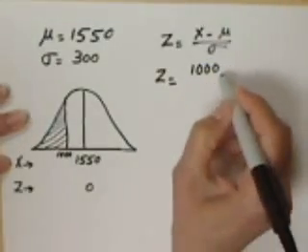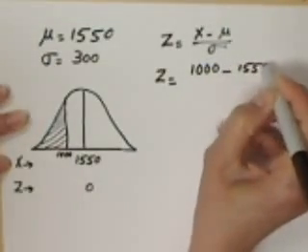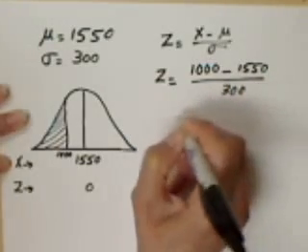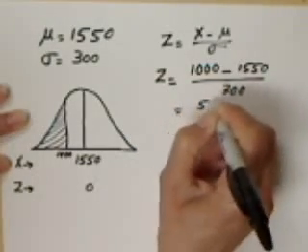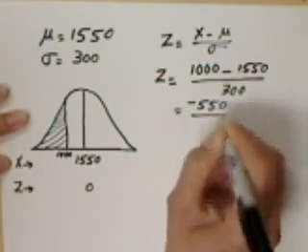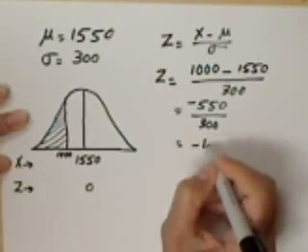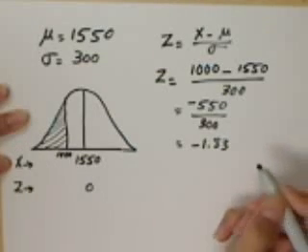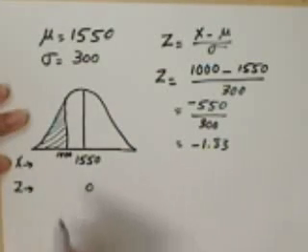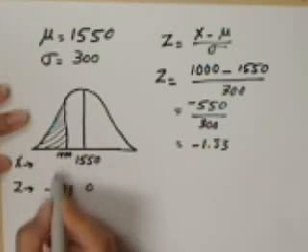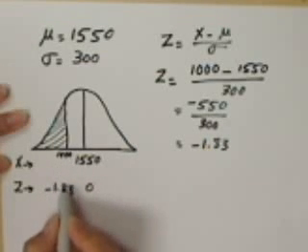So 1,000 minus 1,550 divided by 300 gives us negative 550 over 300, which is equal to negative 1.83. So we need to go here. I'll write it. Negative 1.83 would be equivalent to the 1,000 on the z-axis.